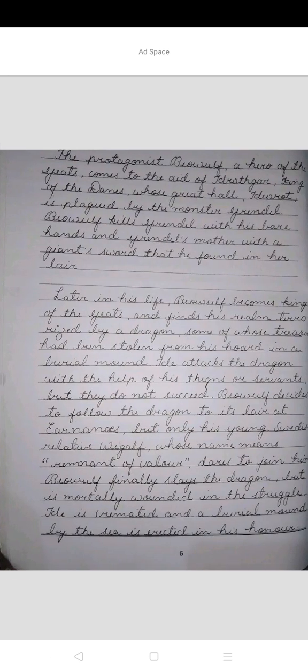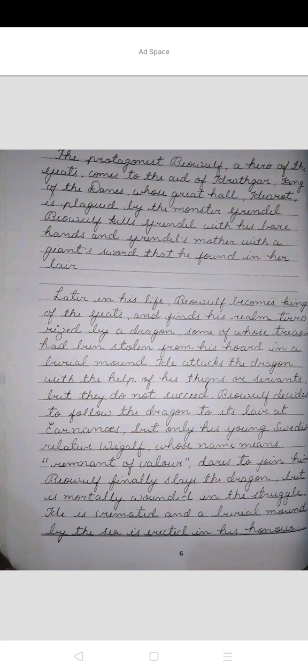The protagonist, Beowulf, a hero of the Geats, comes to the aid of Hrothgar, king of the Danes, whose great hall, Heorot, is plagued by the monster Grendel. Beowulf kills Grendel with his bare hands and Grendel's mother with a giant sword that he found in her lair.